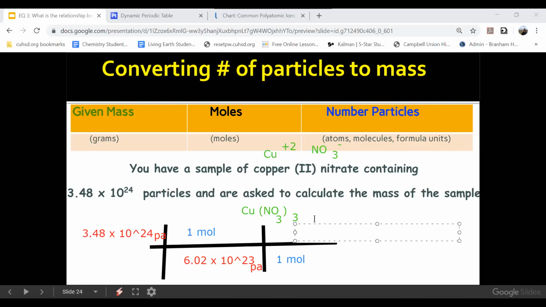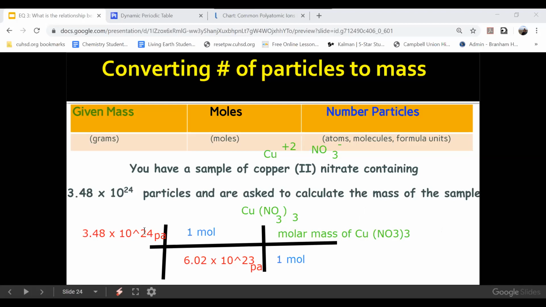So if you add this all up, you're going to get a mass, and it's going to be the molar mass, let's change this to green, molar mass of copper nitrate, which is above, Cu(NO3)2. And then you're actually done.